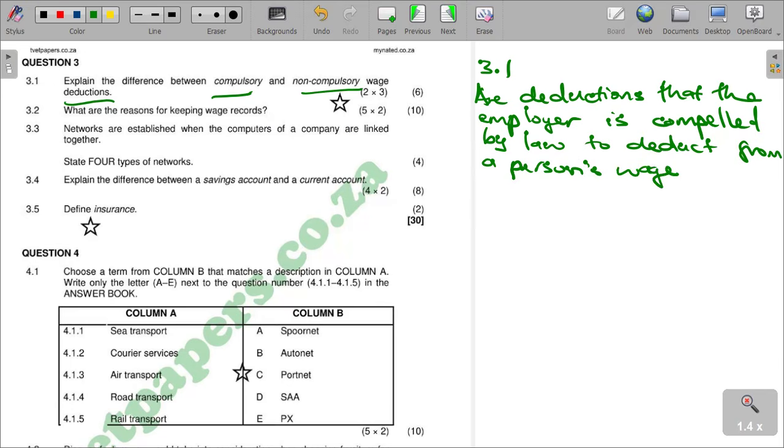So these include the pension fund, the UIF, unemployment insurance fund.